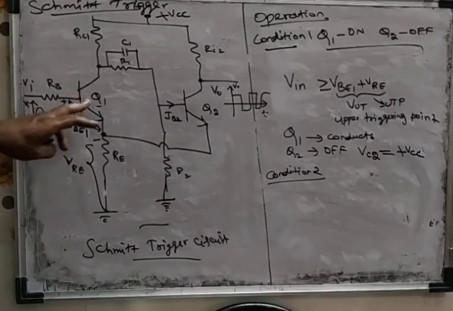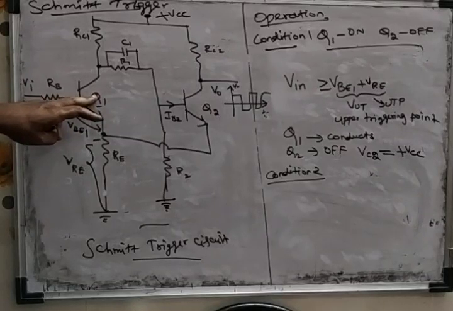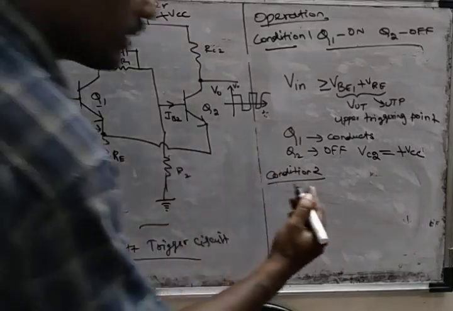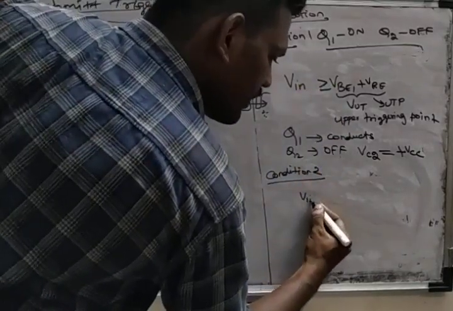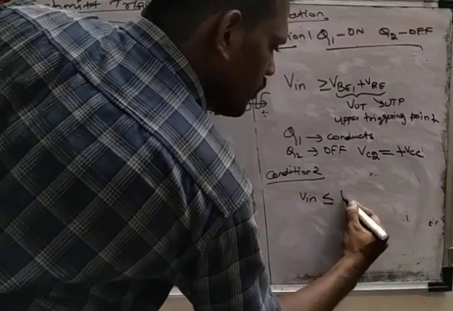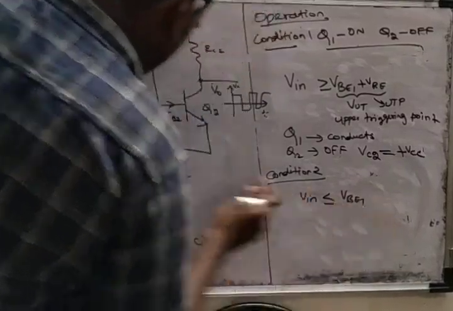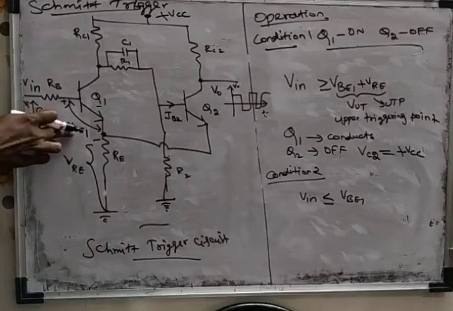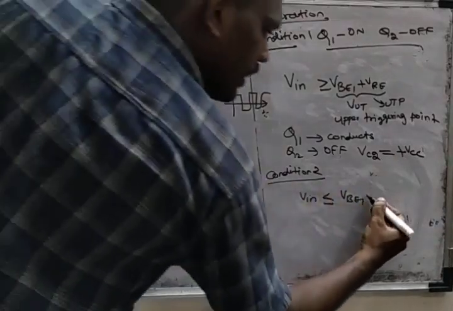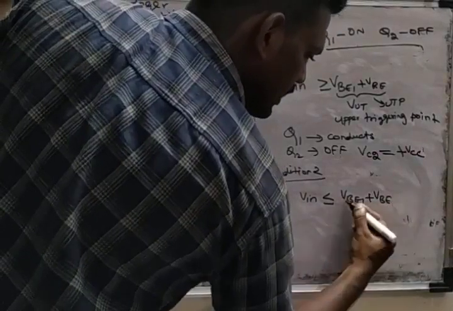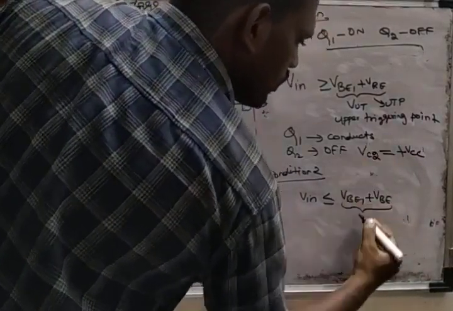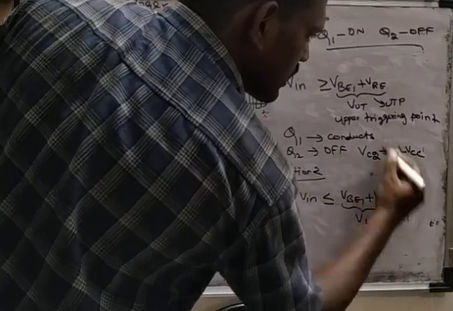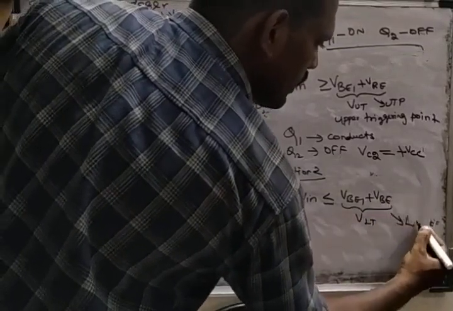So when input voltage becomes equal to the lower triggering voltage, that is, magnitude is given by Vin less than or equal to VBE1 plus VRE. Actually this magnitude is called lower threshold voltage VLT, and the corresponding point is called the lower triggering point.